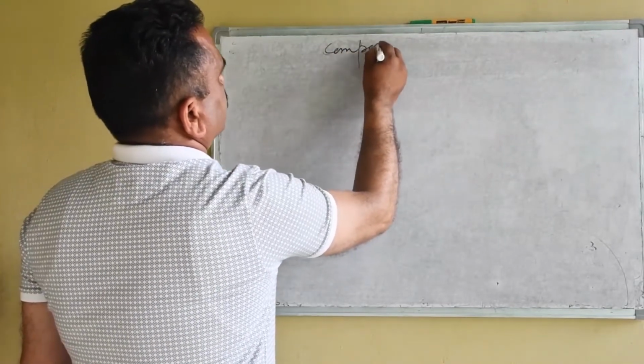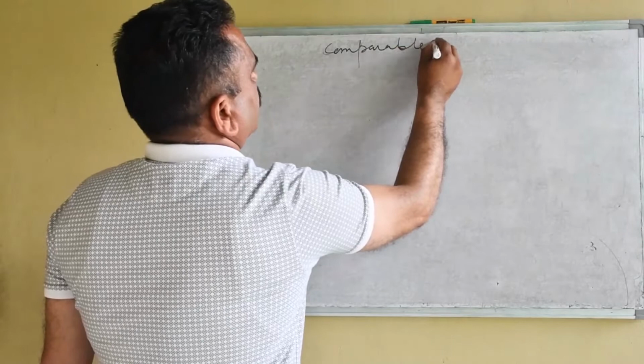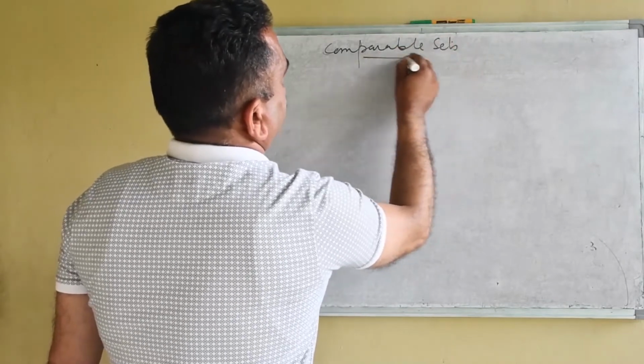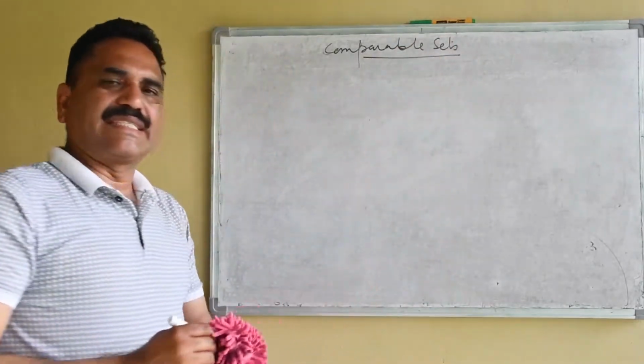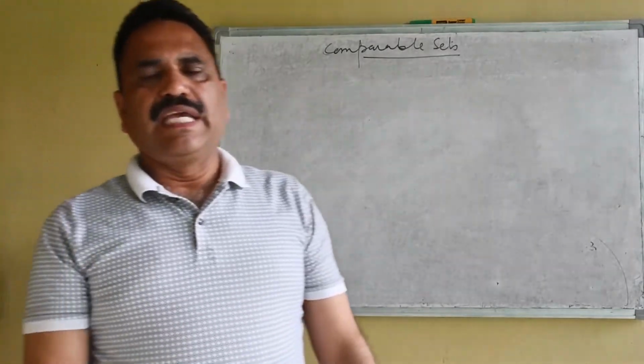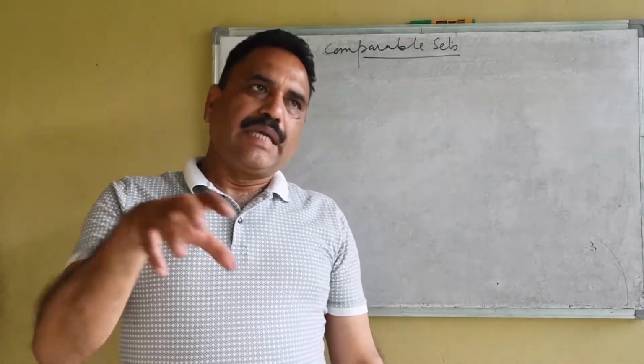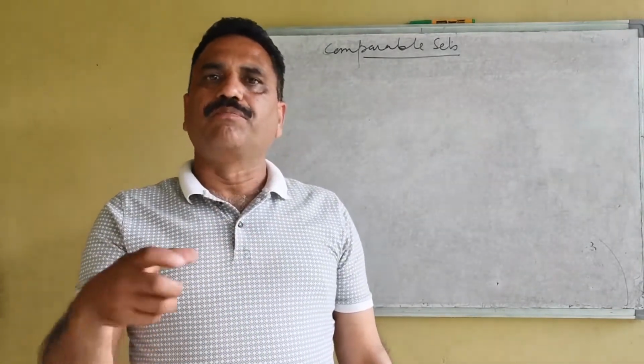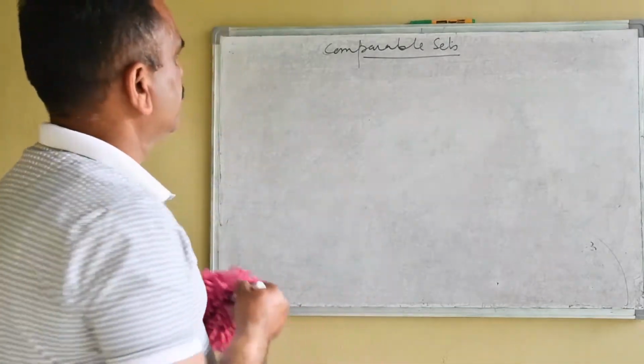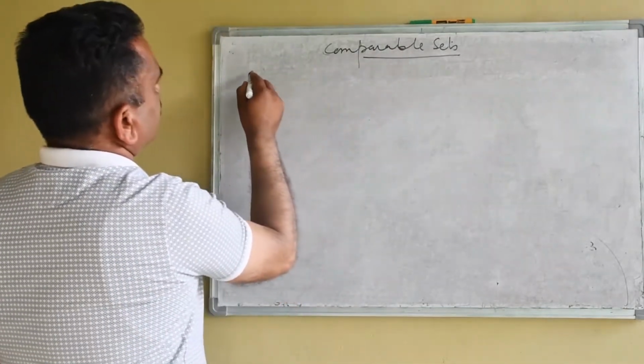Hello students, today we will start with comparable sets. Two sets are said to be comparable if and only if A is a subset of B or B is a subset of A. What do you mean by this?